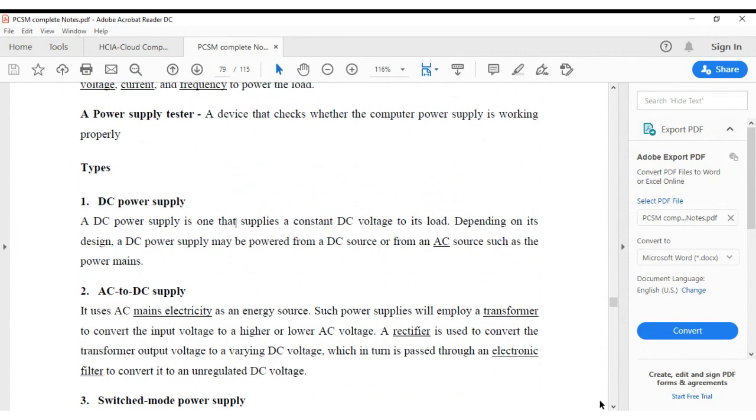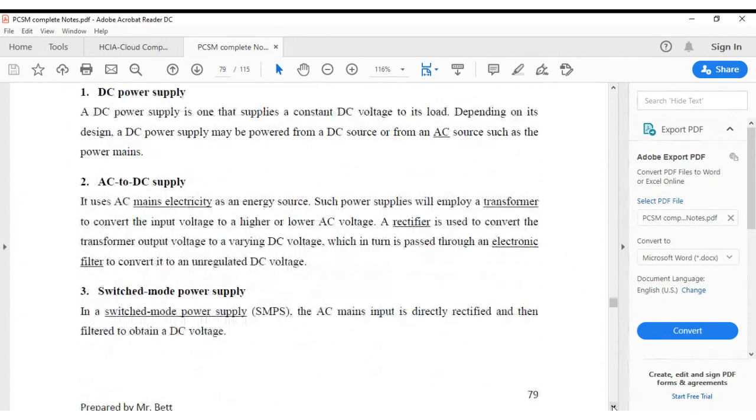Then number 2, we have AC to DC supply. It uses AC mains electricity as an energy source. Such power supplies employ a transformer to convert the input voltage to a higher or lower AC voltage.